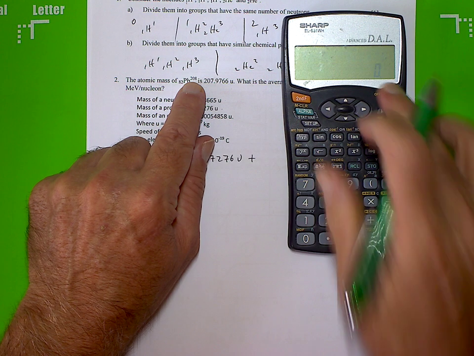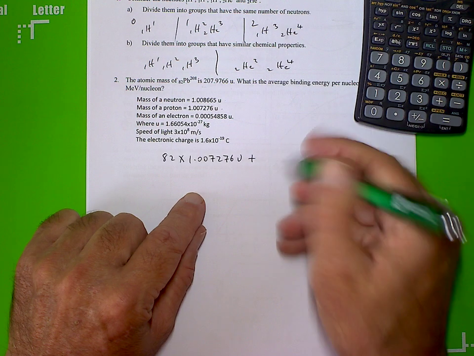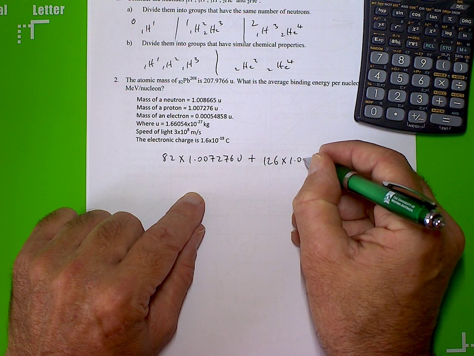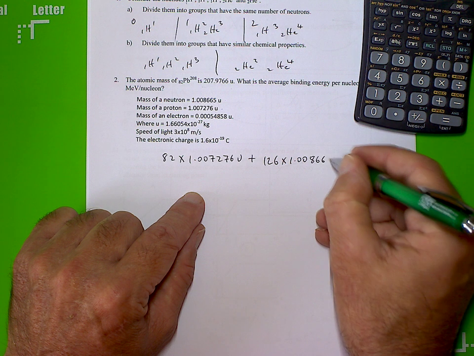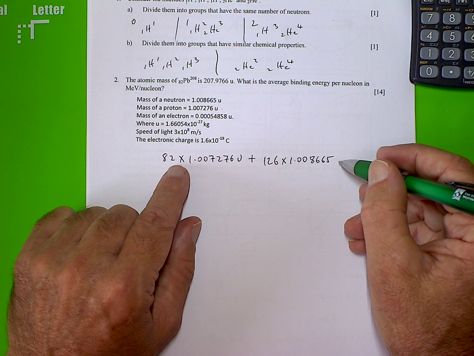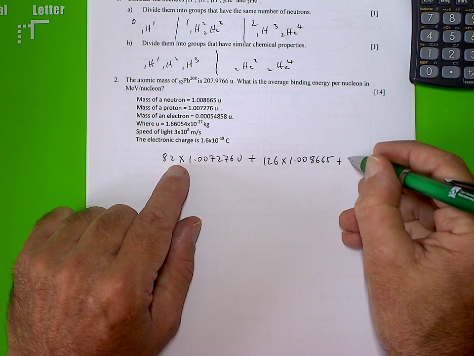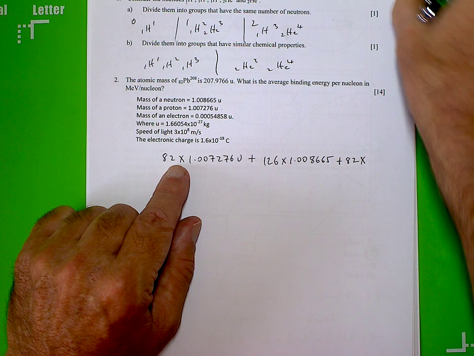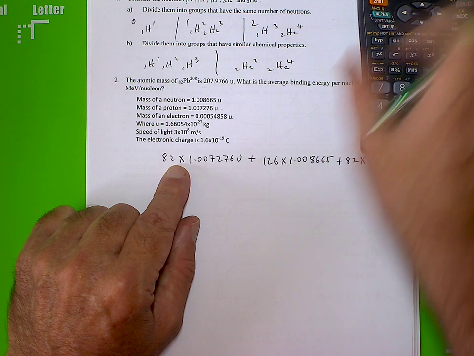I'm going to be lazy. 208 minus 82 equals 126. 126 times 1.008665. Now, we need to add to that 82 electrons, because when we subtract away the atomic mass, that includes the electrons.